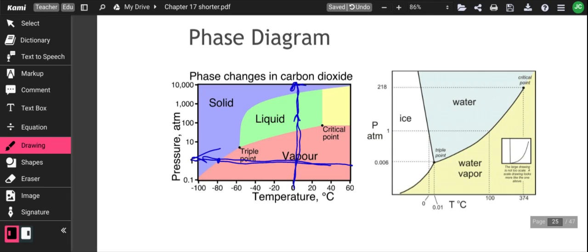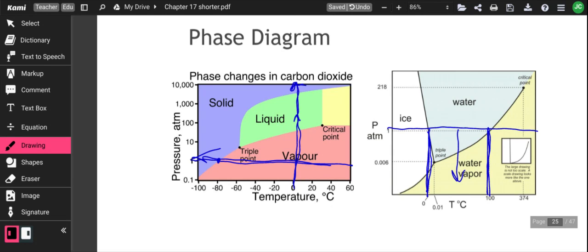The graph on the right represents water, and so we know that water changes from ice to water at 0 degrees Celsius, and we know that it changes from water to gas at 100 degrees Celsius, and this is all happening at 1 atmosphere. That makes sense to us. But what you might not realize is that if I drop the pressure, I can make the water vaporize.